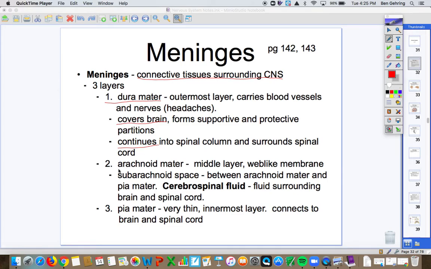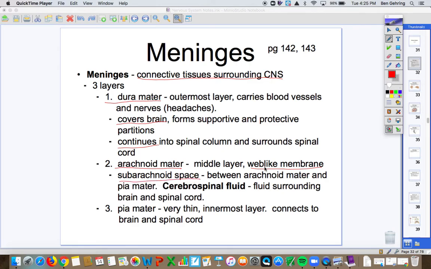Beneath your dura mater, you have this second layer called the arachnoid mater. Arachnids are spiders. And so this is our middle layer. It forms a web-like membrane connecting your dura mater with your pia mater on the inside. But within this membrane, this web, we have what's called the subarachnoid space.